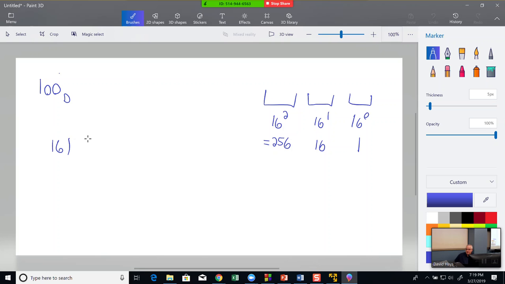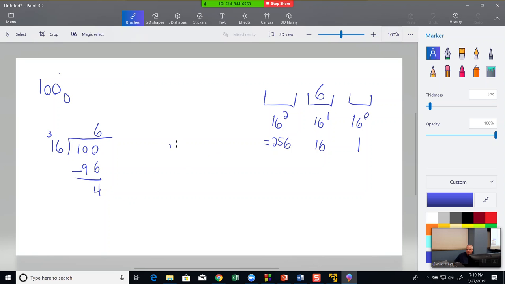And you see how many times 16 goes into 100. 6, I think. 6 times 6 is 36. I'll put the 6, carry the 3. That's 96. Subtract that, and we get 4. So this has a 6 here.